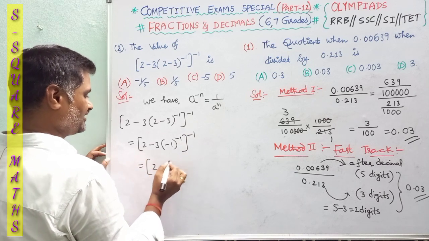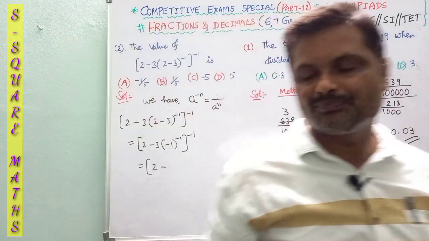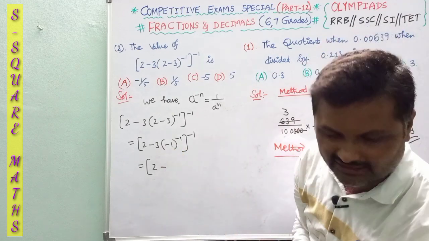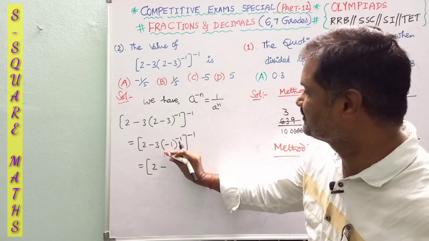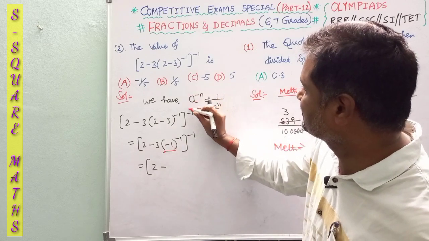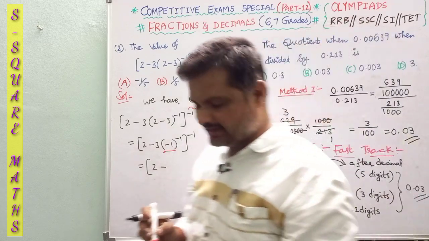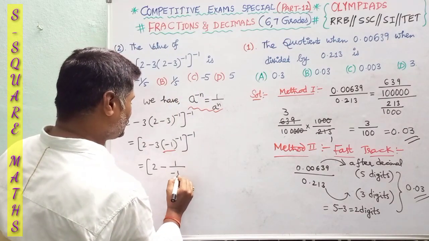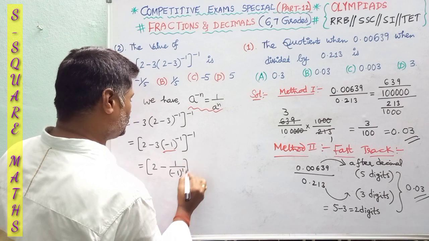So this bracket is in the form of 1 by a power n. So 1 by minus 1 whole power 1, whole power minus 1.